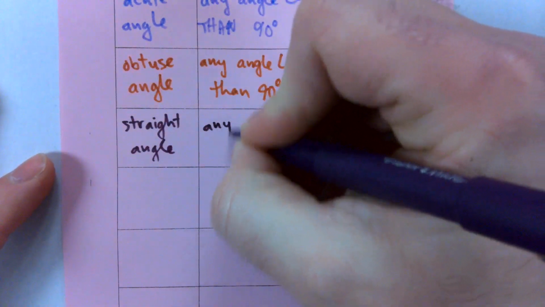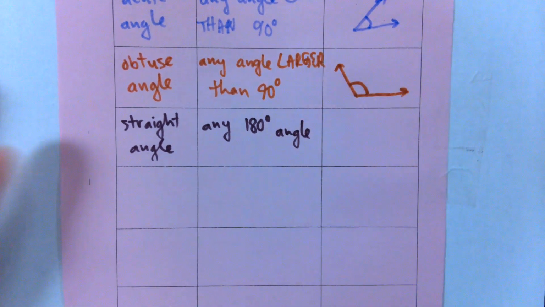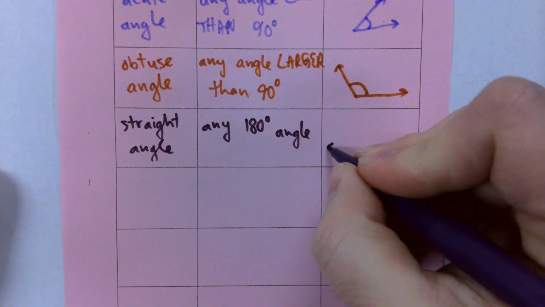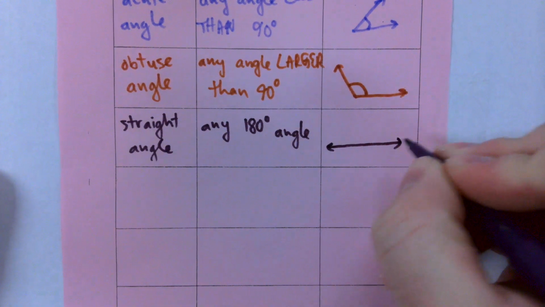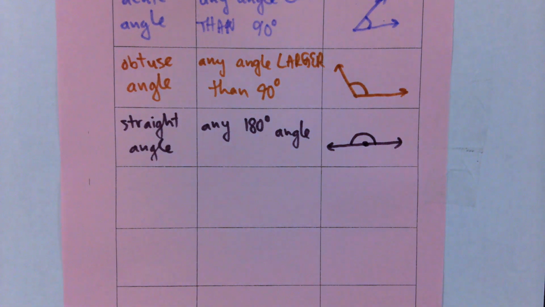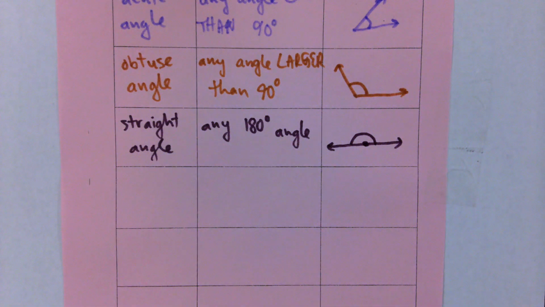Any 180-degree angle, and what it looks like is just a flat line. Make sure you draw a dot in the middle of that line, just so we can signify that it's two separate rays that just so happen to be parallel like that.